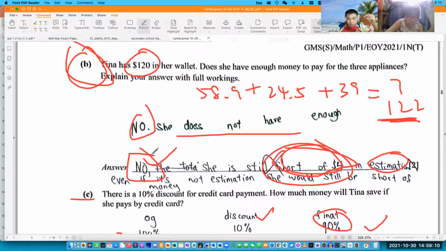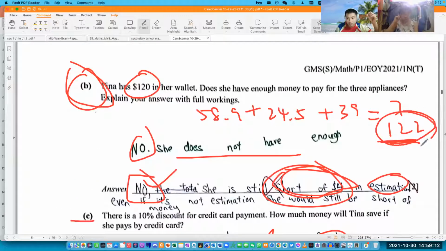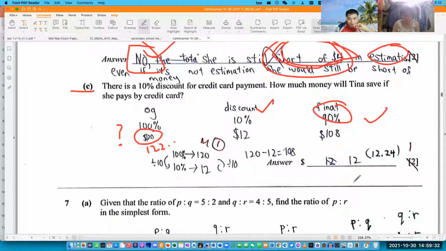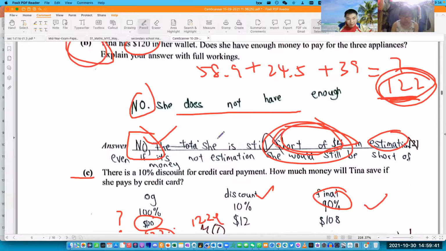No, actually, you need to use the full price. You need to use this price, 122 point something, which is 100%. Understand? That's why if you use this 100%, it's not 120. It's 122.5. So what I'm trying to say is actually this answer part A is wrong.